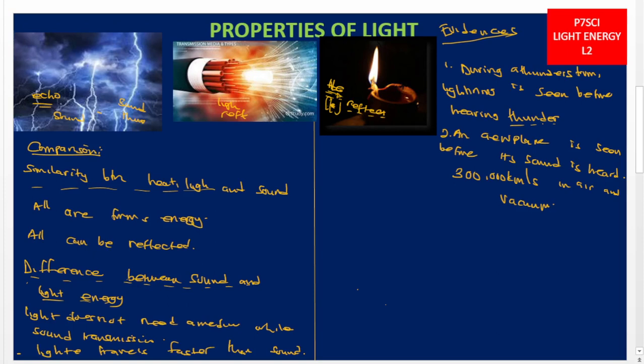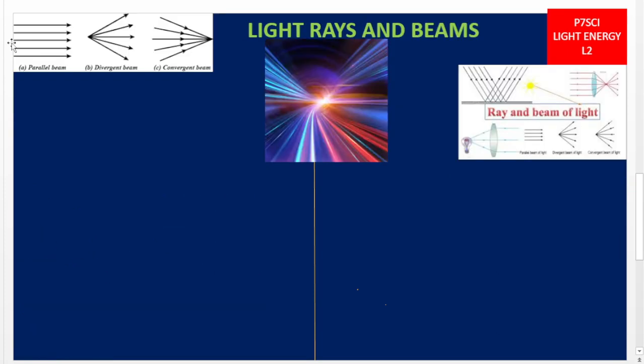Okay, so from there we are going to move on and look at another item, and this is light rays and beams. All right, now let us understand what a ray is. What is a light ray? A ray of light is the path followed by light, the path taken by light, where light is going to pass.